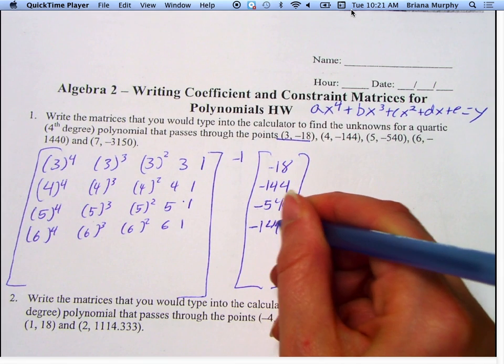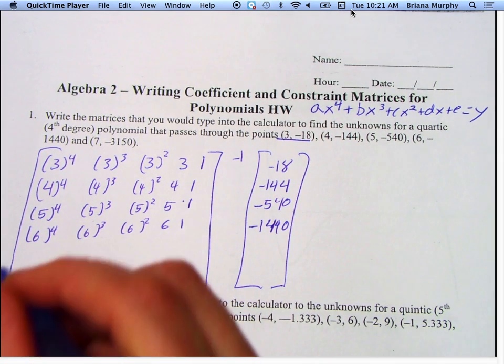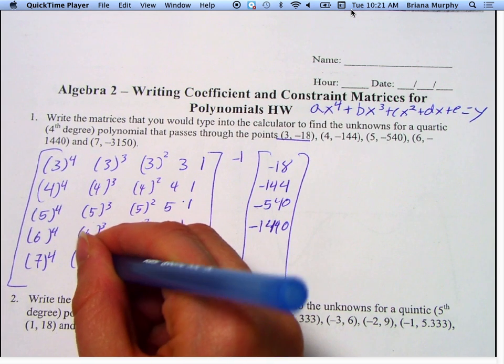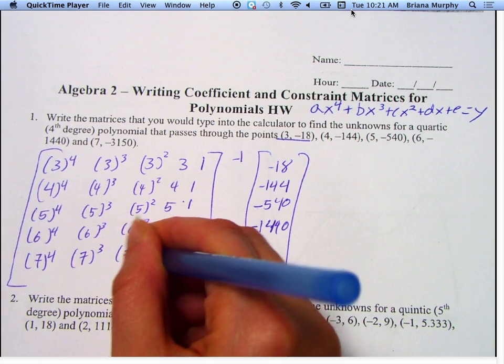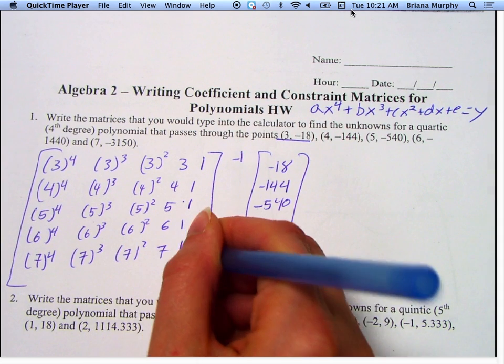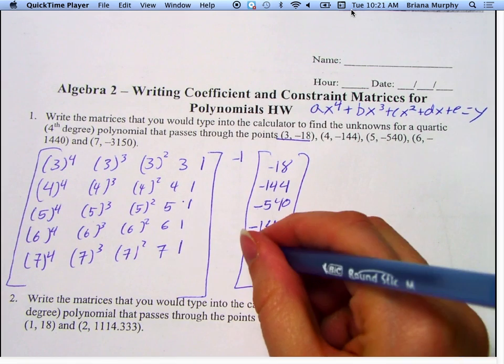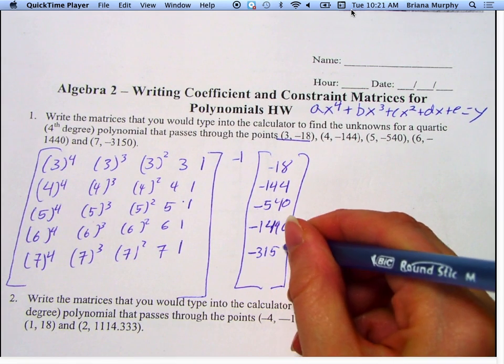And then I'm going to do 7 to the 4th, 7 cubed, 7 squared, 7 and 1. Okay? To negative 3,150.